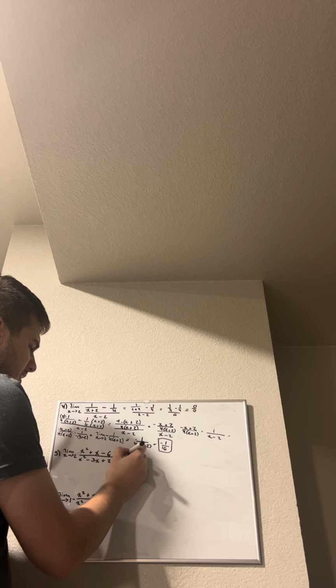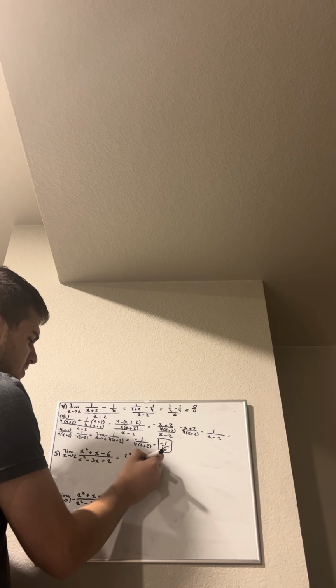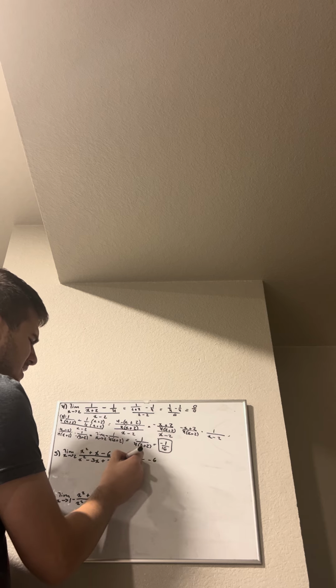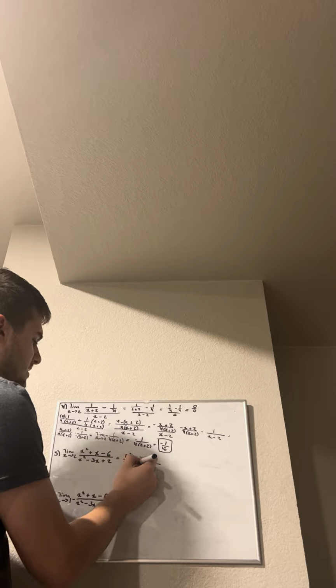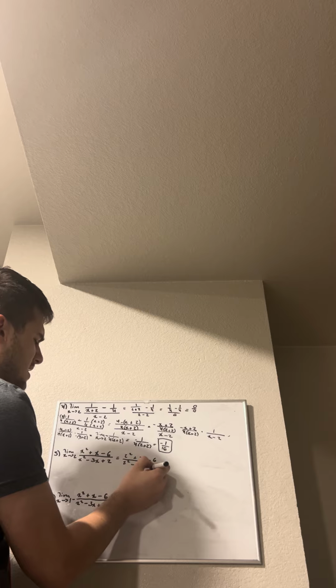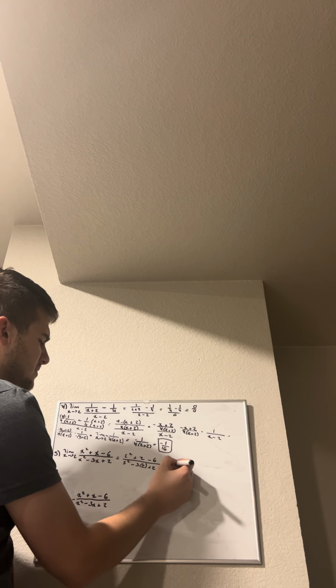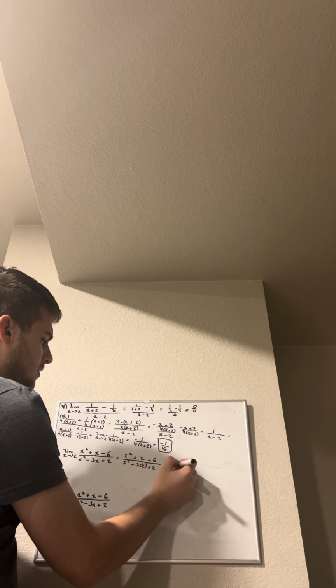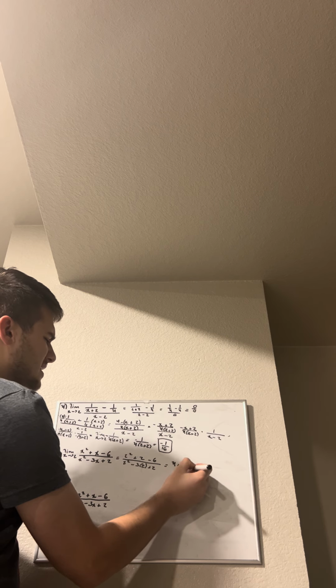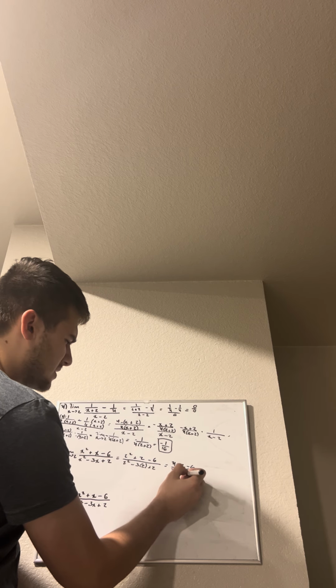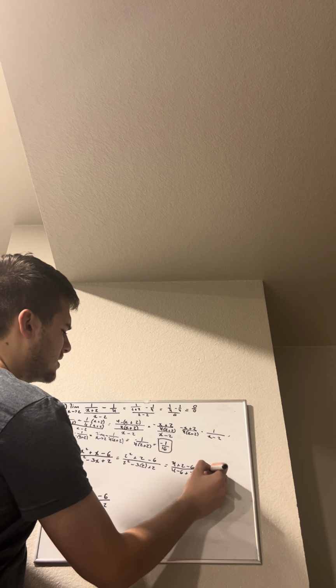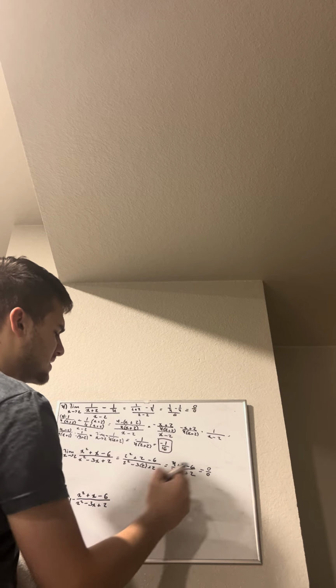So we do 2 to the power of 2 plus 2 minus 6 over 2 to the power 2 minus 3 times 2 plus 2. So in this case we get 4 plus 2 minus 6 over 4 minus 6 plus 2, which in turn just gives us 0 over 0.